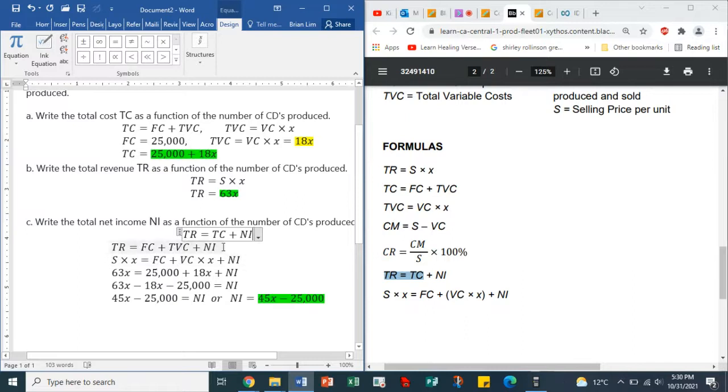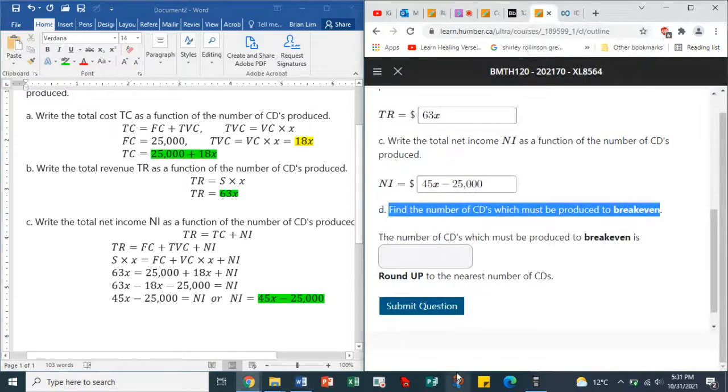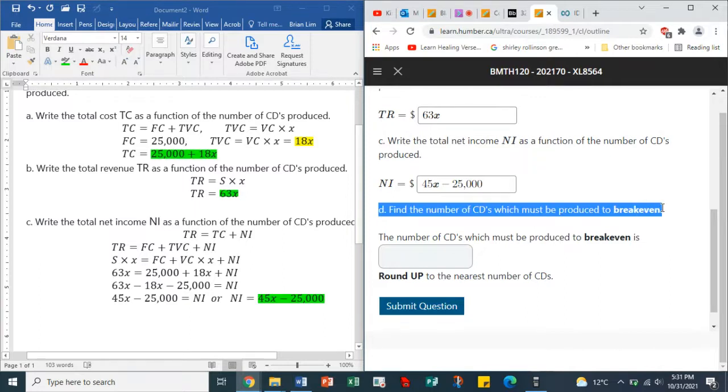And then after that, this comes into play. But we're really starting with this up here. Okay, so let's go down now. So what do we have? Well, we have the break even. So this is part D, the number of CDs to break even.